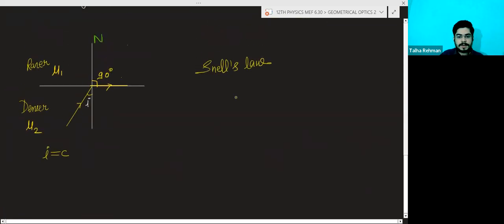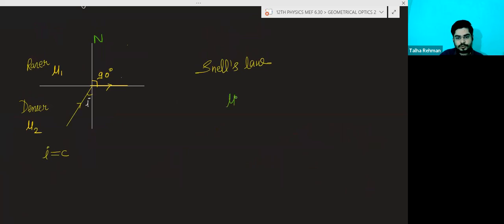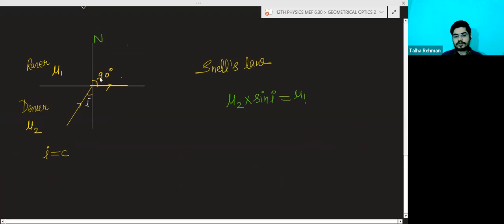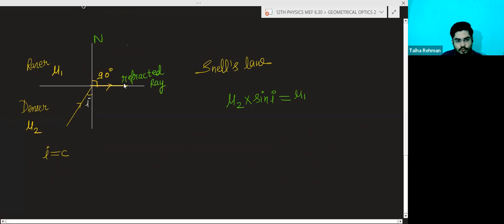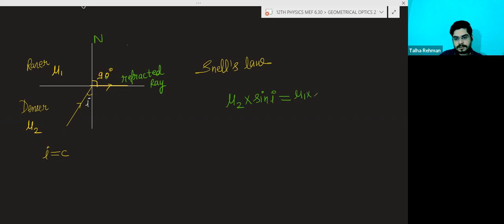So apply Snell's law. It will be mu2 multiplied by sine I is equal to mu1 times the sine of the angle with normal for the refracted ray. This time the refracted ray is moving along the surface, so angle of refraction is 90 degree.